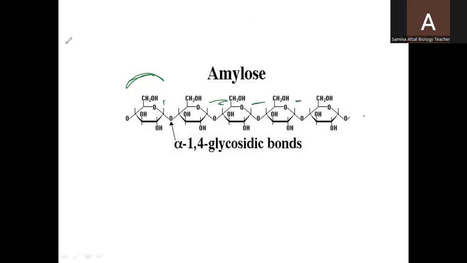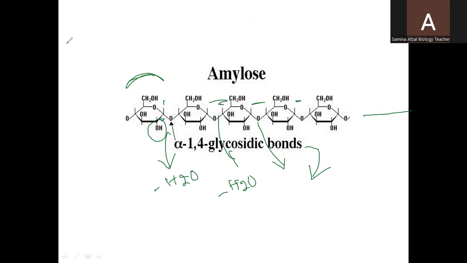In this way, there is formation of alpha 1,4 glycosidic bonds, because in alpha glucose molecules the hydroxyl group is in the downward direction. The glycosidic bond forms by the process of condensation reaction, in which in every joining of two glucose molecules there will be the removal of one water molecule.